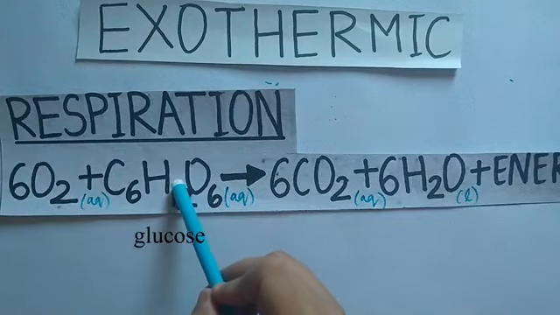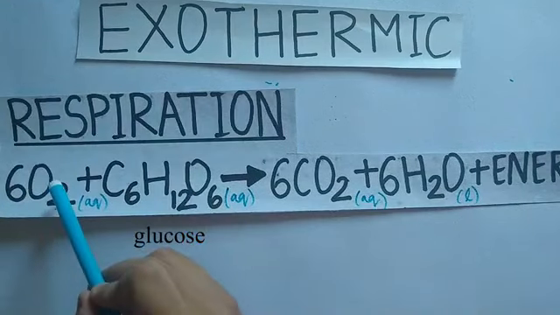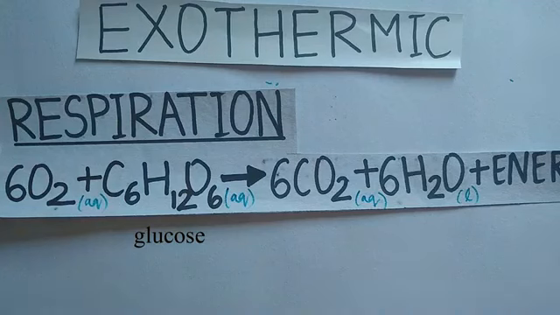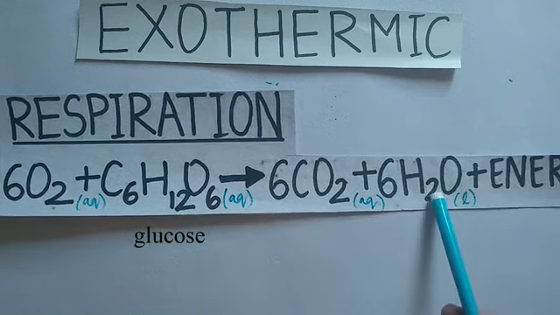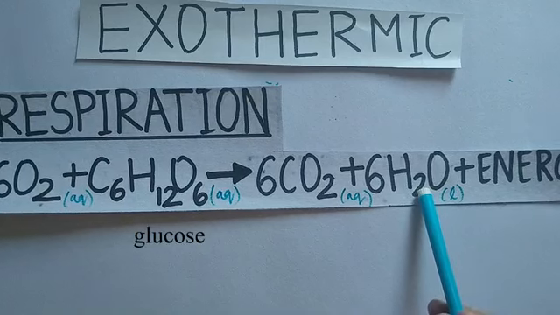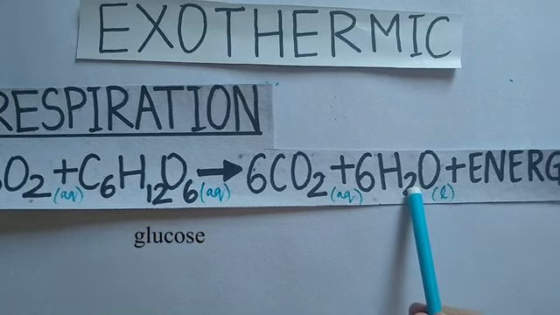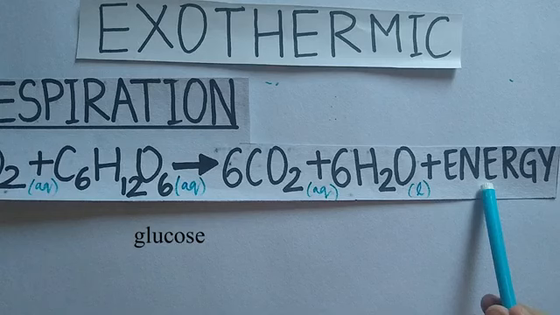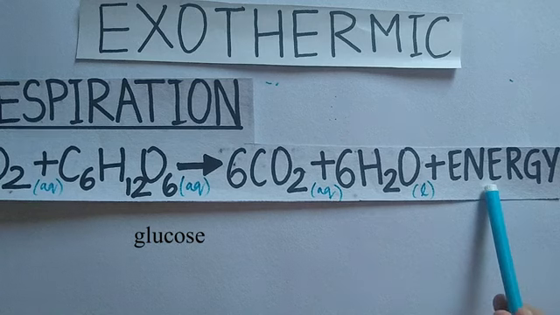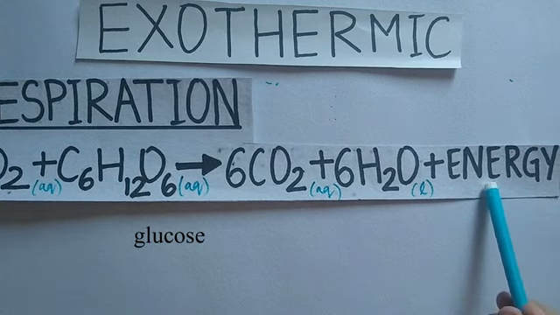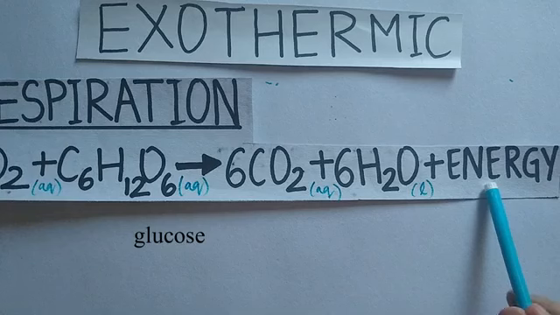Now this glucose is reacting with the oxygen that you have taken in during respiration. And because of this, there is carbon dioxide that is coming out. There is also water that is being formed. And then you see energy that is being formed. Now this energy, you can take as an example of a form of heat, because this energy helps you do any other further activities.